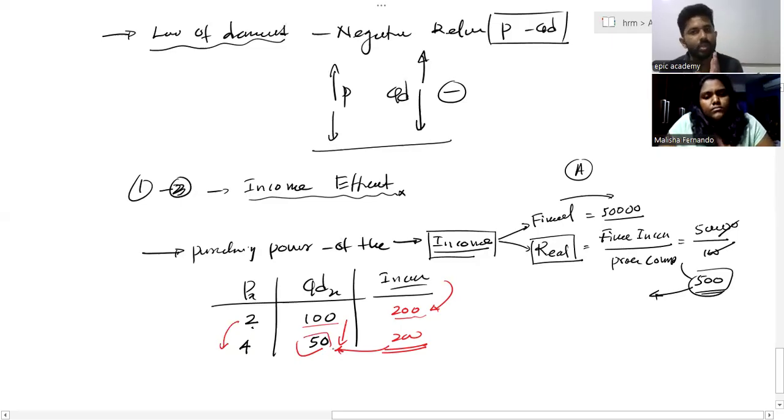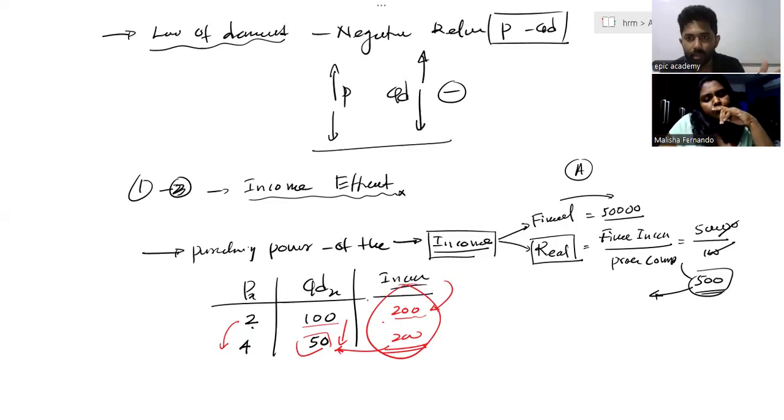Here we are not considering that this person is going to save money; every income is consumed. So now you identify that because of this factor, income, a negative relationship is created between price and quantity demand. We call it the income effect.